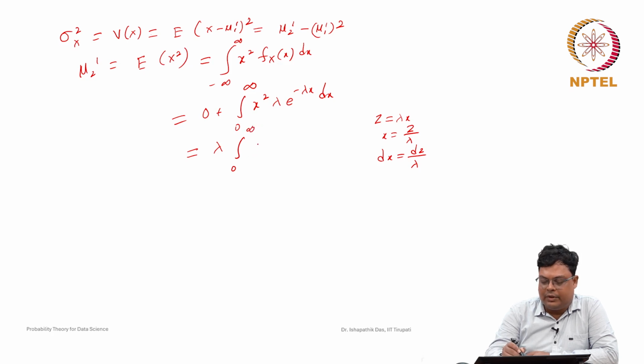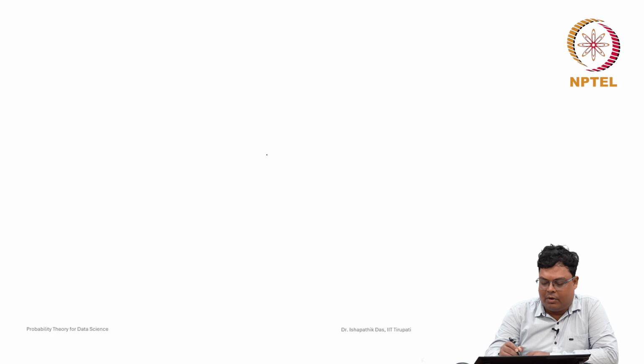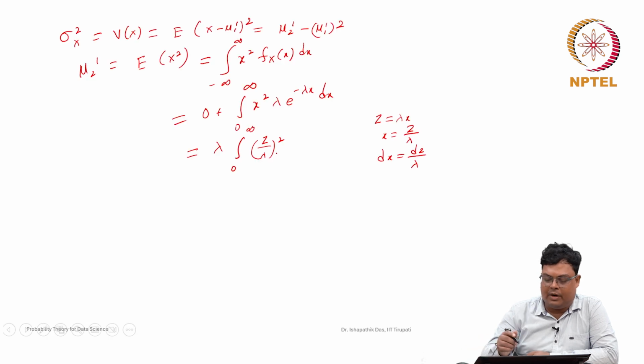So this is the integral from 0 to infinity of x square, that is z by lambda whole square, then e to the power of minus z. The lambda we have already taken outside of the integral, since it is independent of x and so constant. And e to the power of minus lambda x is e to the power of minus z, and dx is dz by lambda.